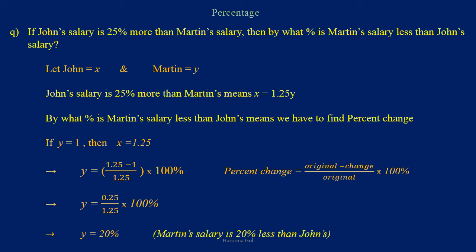So keeping the original as 1.25, which is John's salary, we're going to get 20%. Y is 20% less than X, which means that Martin's salary is 20% less than John's. A very simple question, and it's a beginner's level question. It's not a middle level question or very high level question.